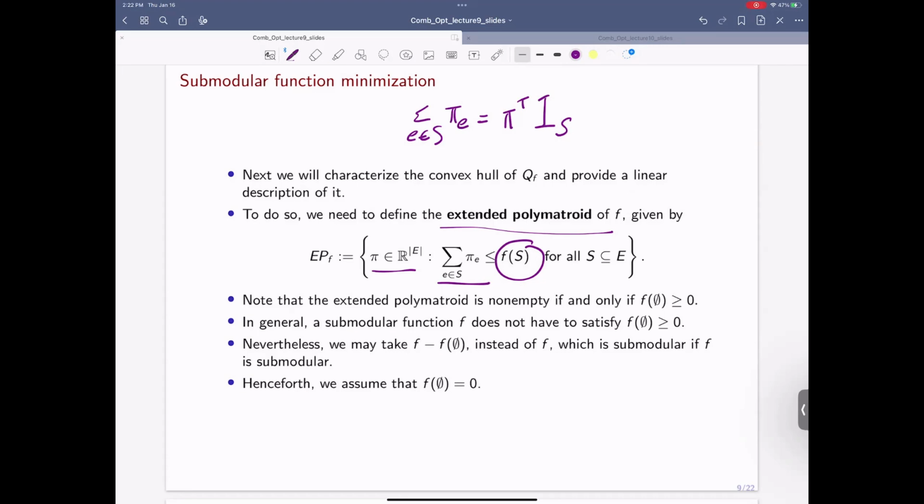It's defined by 2 to the |E| inequalities.